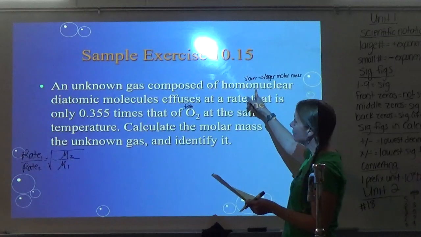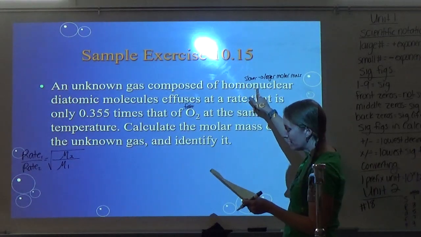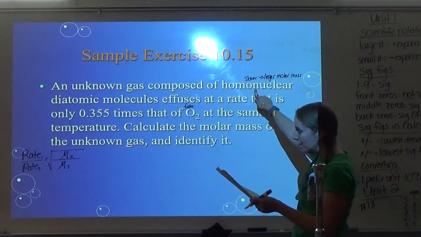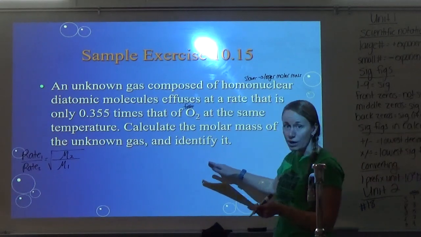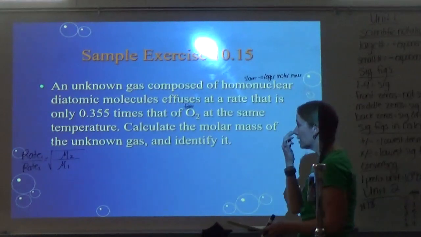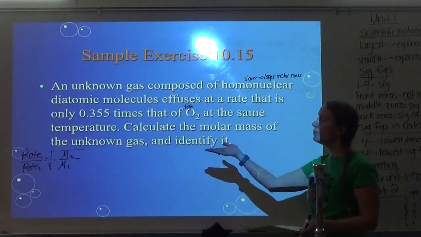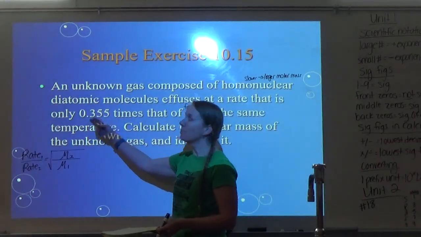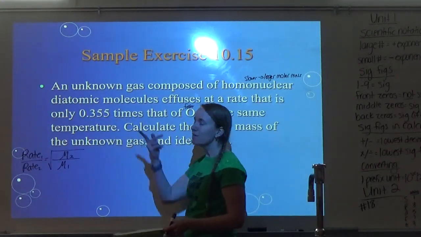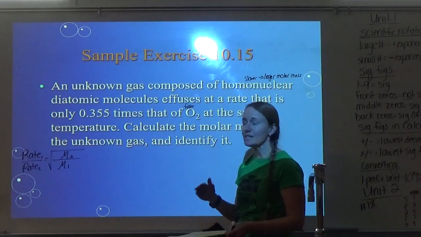So remember, that means this one's moving slower. Because this one is moving slower, this is going to be my bottom one, our molar mass 1. Now I know you're probably thinking back to honors and you're like, but I thought you said gas 2 is the bigger gas. Well, normally it is, but then that would give us a number greater than 1. So in other words, they've done the gas 1 as the bigger gas.